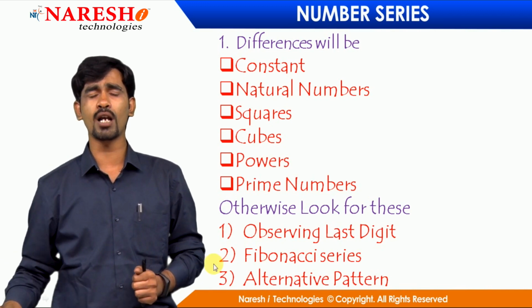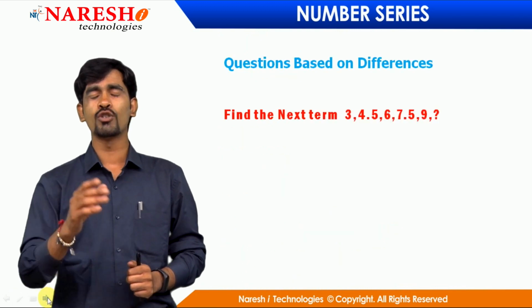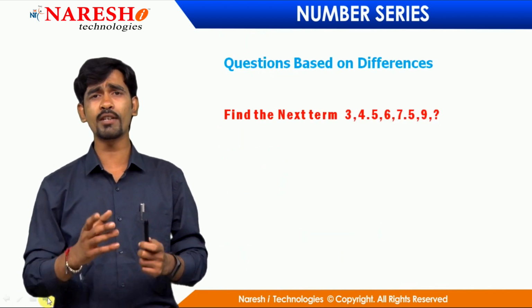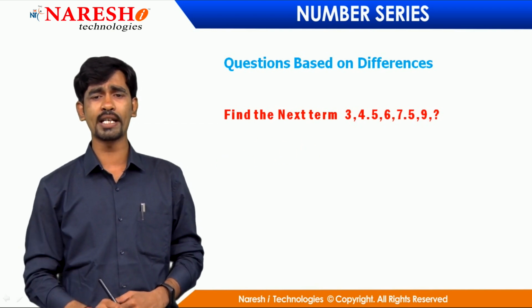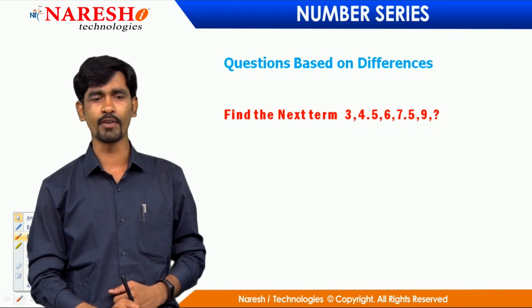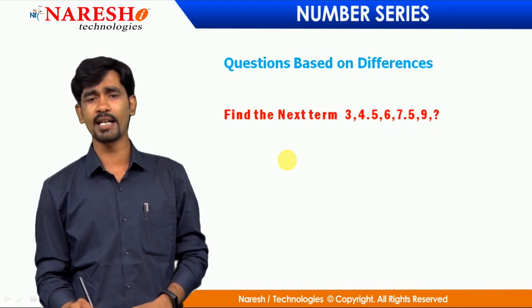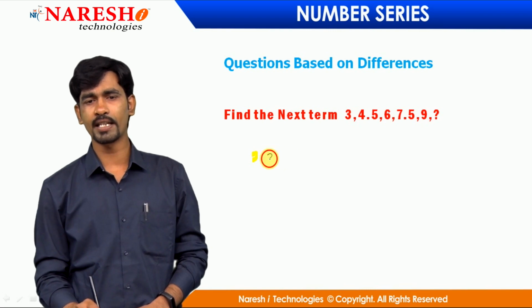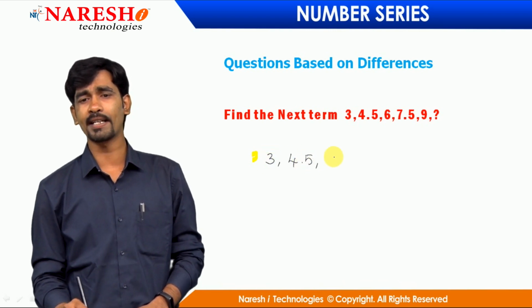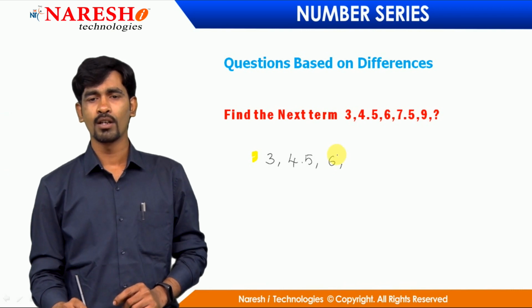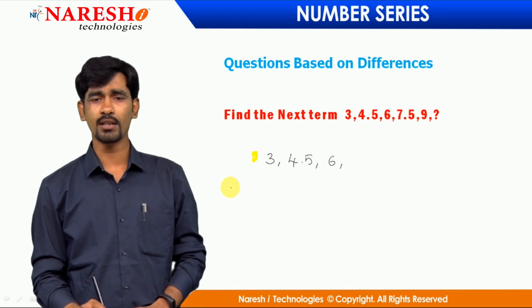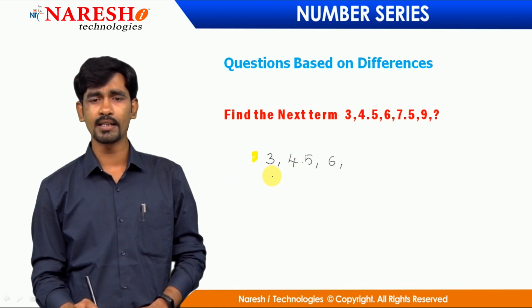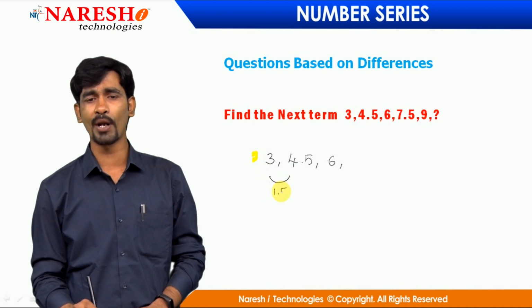So let's look at how the questions are projected. Question number 1 is based on the level of differences. We need to find the next term in the given sequence. The sequence starts as 3, the next term is 4.5, then 6, then 7.5, and 9. We need to find the next term. By observing these numbers, the difference from 3 to 4.5 is 1.5, from 4.5 to 6 the difference is 1.5, and from 6 to 7.5 the difference is 1.5.